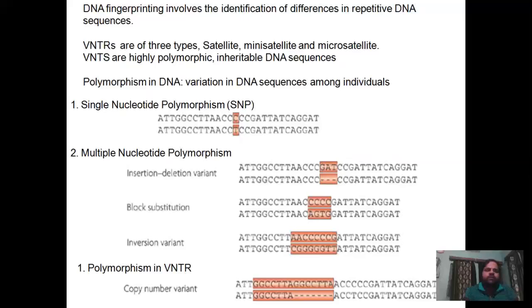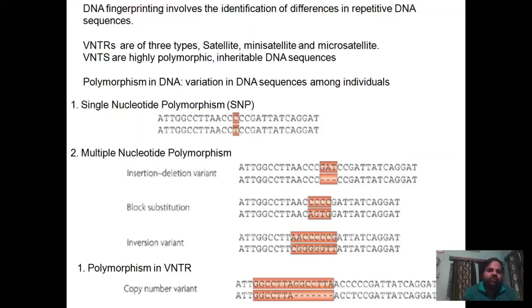One question comes to mind: what is the meaning of polymorphism? Polymorphism is the variation in DNA sequences among individuals. Now we will see what kinds of polymorphisms exist in human beings.